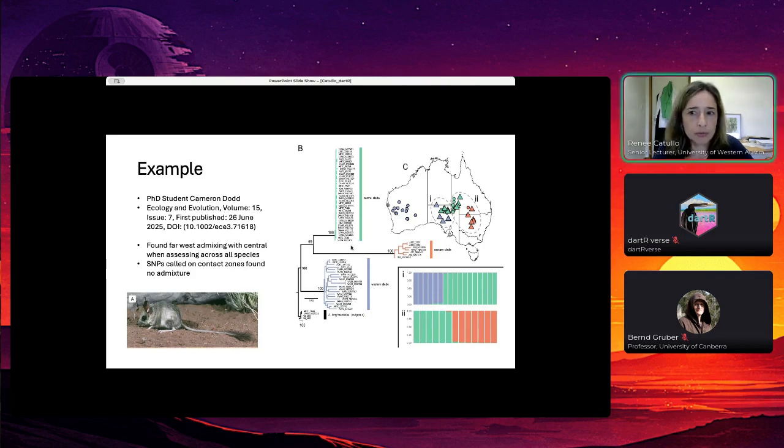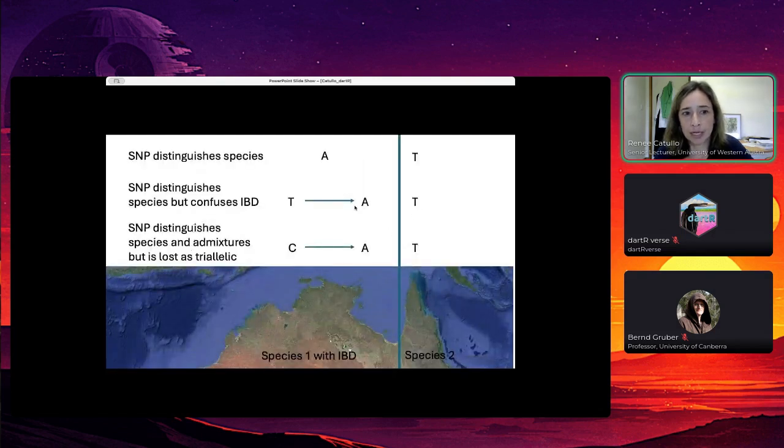And the weird thing was when we had SNPs called across the whole thing, what we found was that our central green was admixing with our western blue, but not with our eastern blue. And that was because we had this happening, right? We kept the SNPs where they were the same, but we lost all these ones that would have shown isolation by distance.